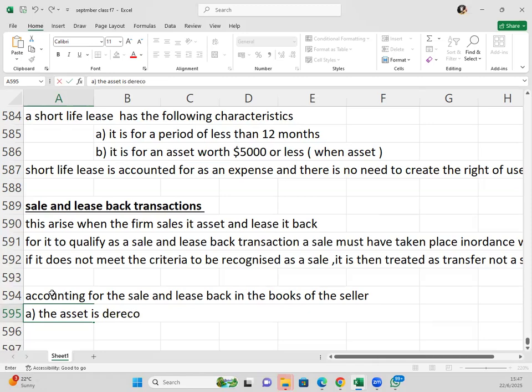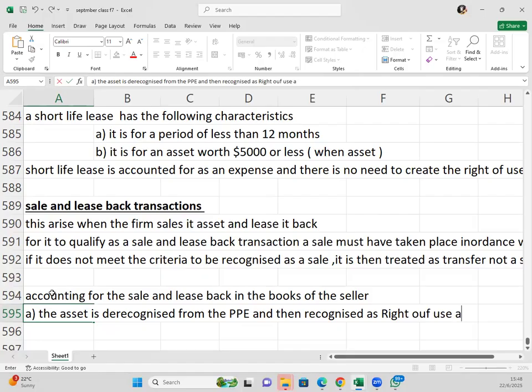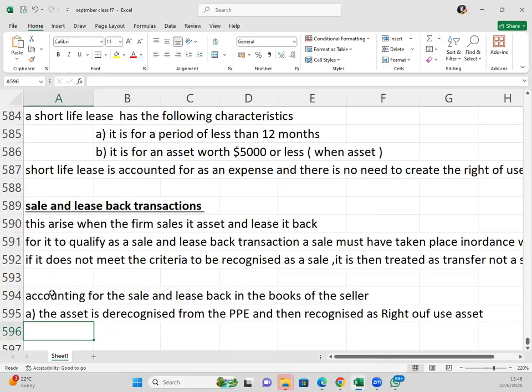The asset is de-recognized from the PPE and then recognized as a right of use asset.